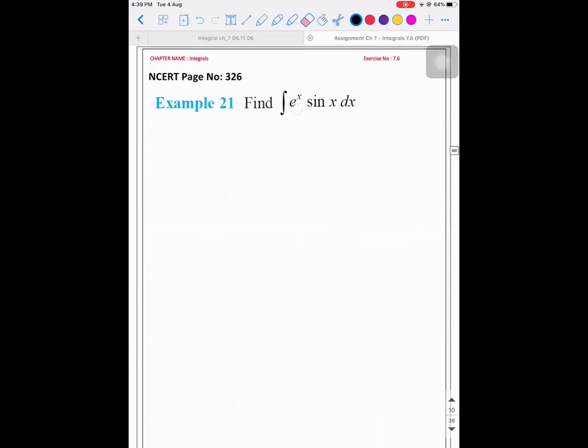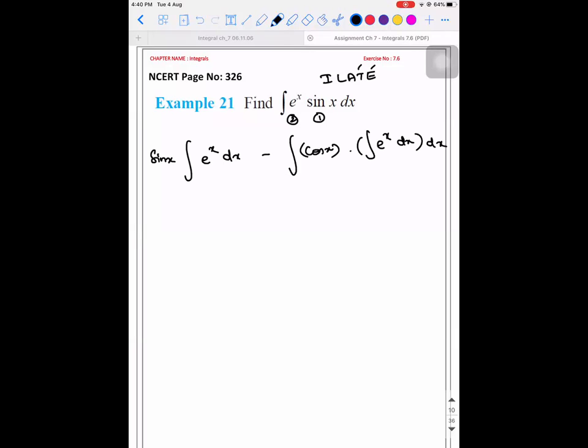So example 21, e power x into sine x. Can I go a little fast? Highlight trigonometric and exponential, first and second. So first function into integral of second function minus integral of derivative of first function into integral of second function with respect to x.